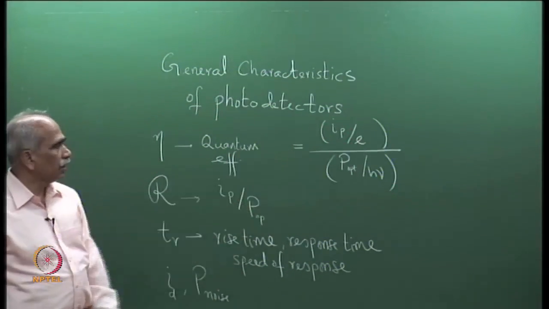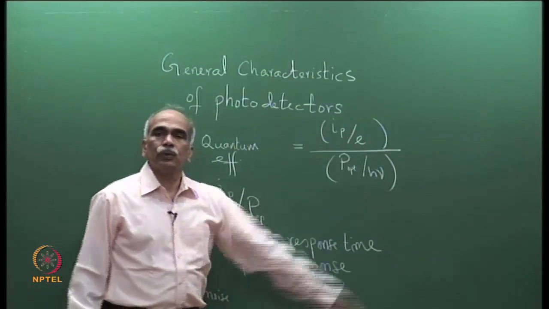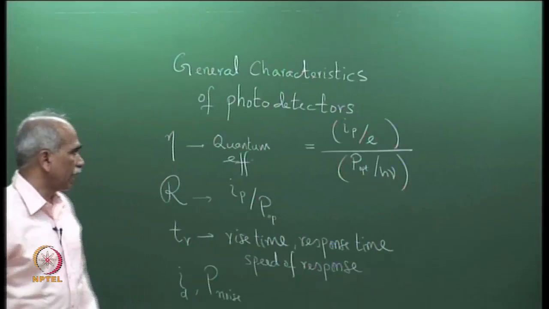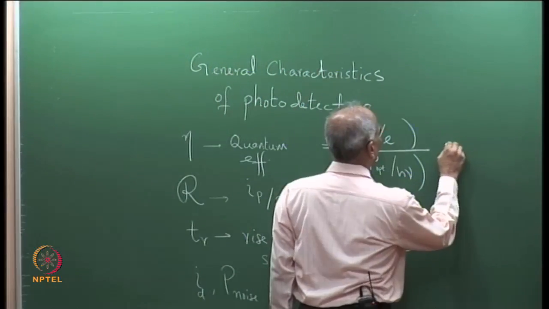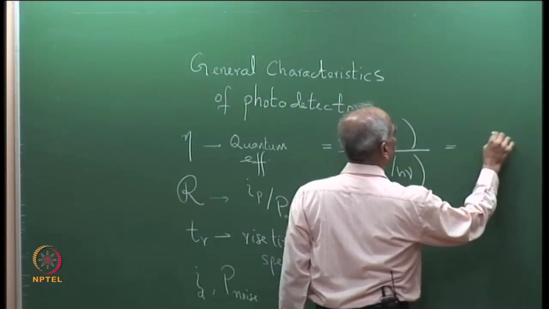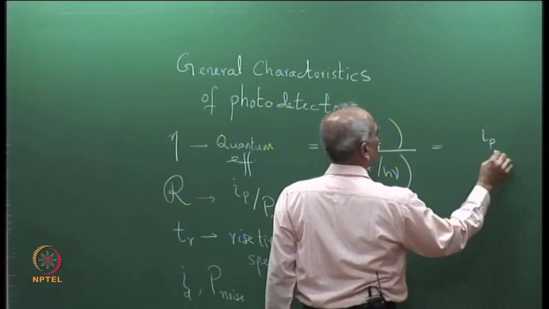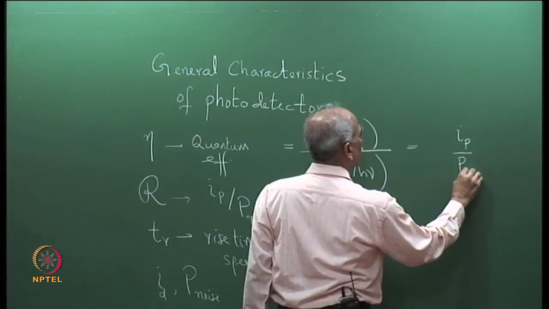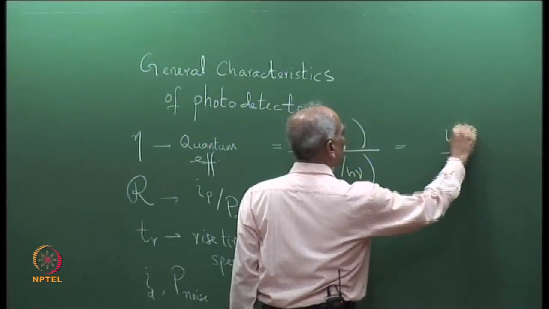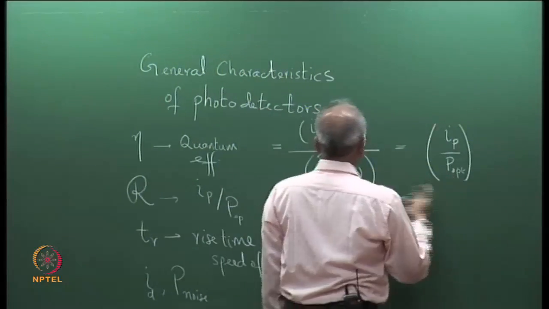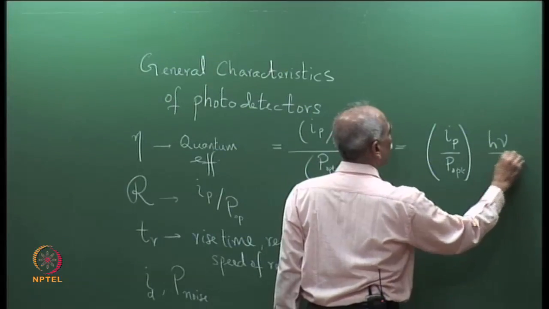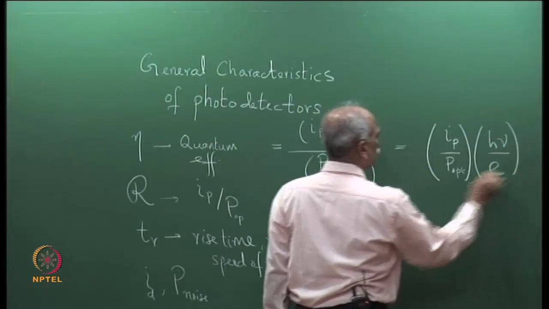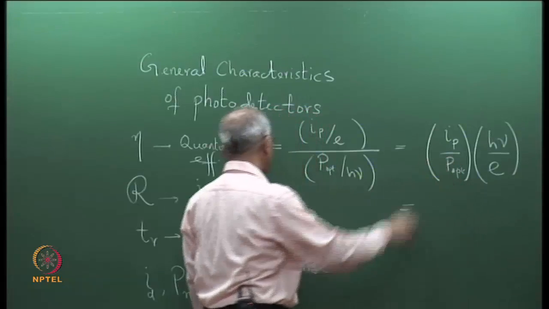Current is IP, and therefore divided by the charge gives you the number of carriers, or carrier flux. So, this we have discussed, and we can write this as IP by P optical into h nu by E, which is also equal to the responsivity.